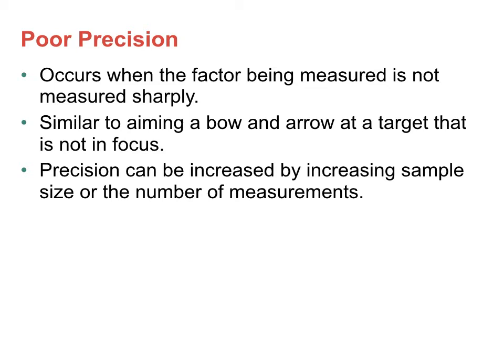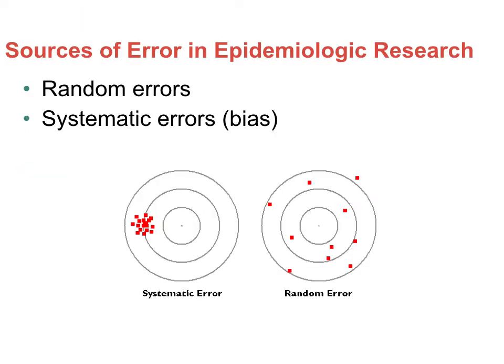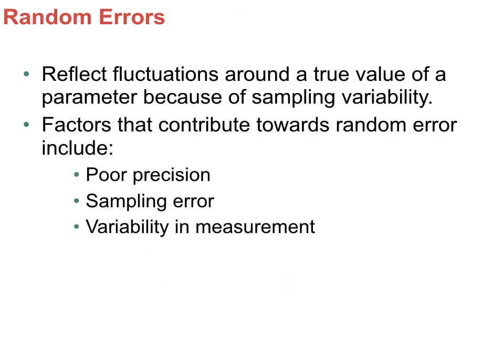It's similar to aiming a bow and arrow, as I mentioned, at a target that's not in focus. Opposed to the left, which is pretty precise, with everything clustered around one area, we have arrows that are all over the place around the target.